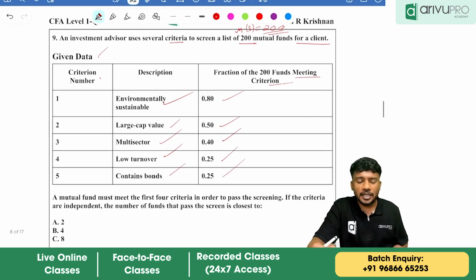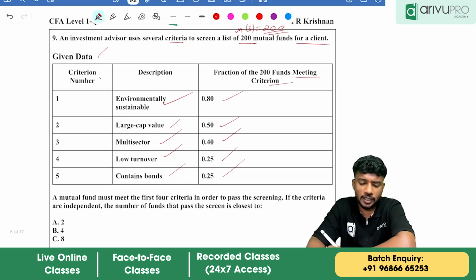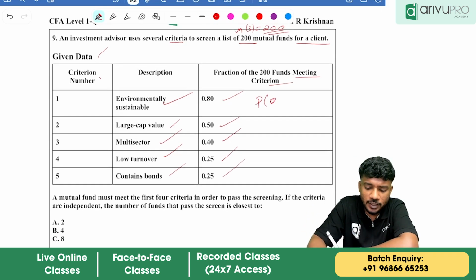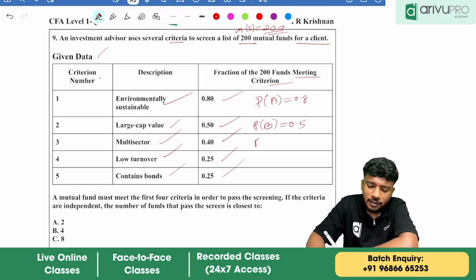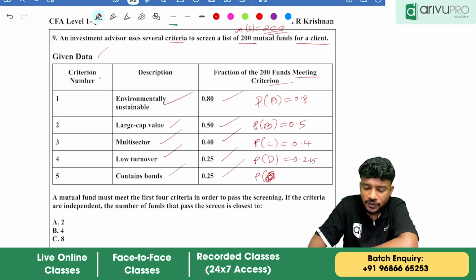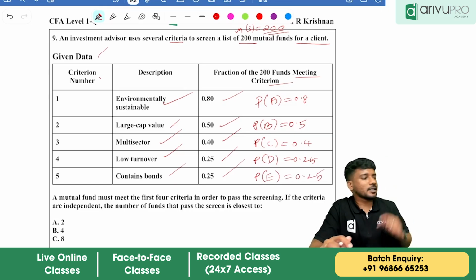So P of A is 0.8, P of B is 0.5, P of C is 0.4, P of D is 0.25, and P of E is 0.25.